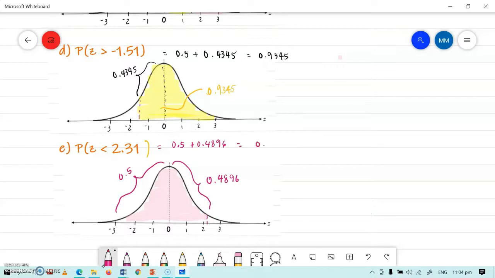That is 0.9896, meaning the area of the entire shaded region is 0.9896.